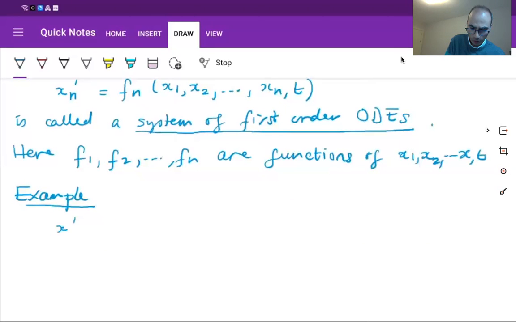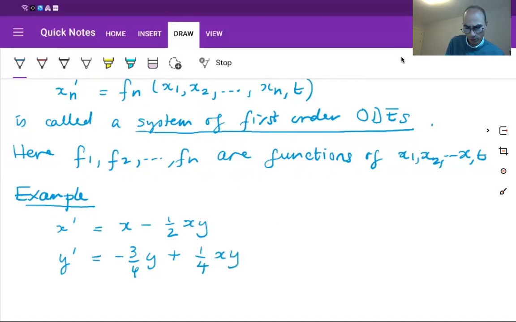So we have x prime is x minus, say, a half xy, and y prime is, say, minus 3/4 y plus 1/4 xy.